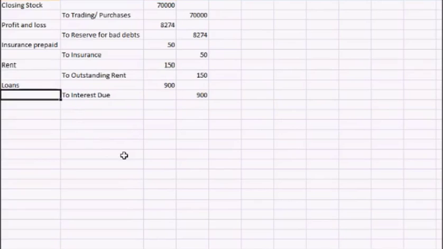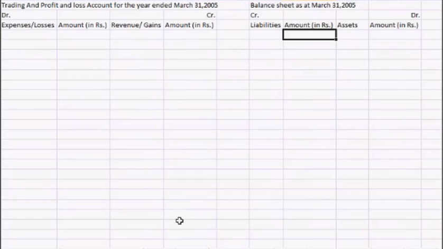So now we have finished our adjustment entries. So what we need to do is to prepare the profit and loss account. Now let us start with the process of preparation of our balance sheet and P&L.